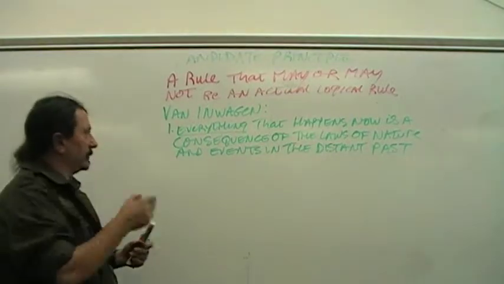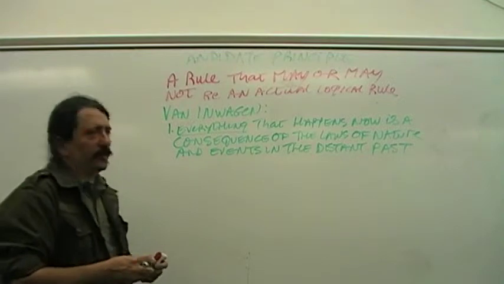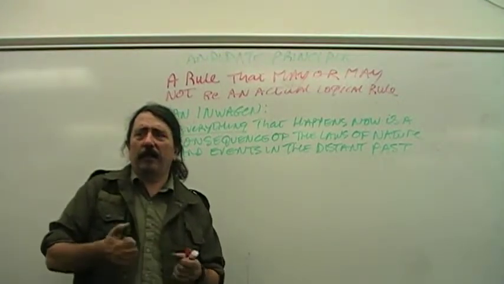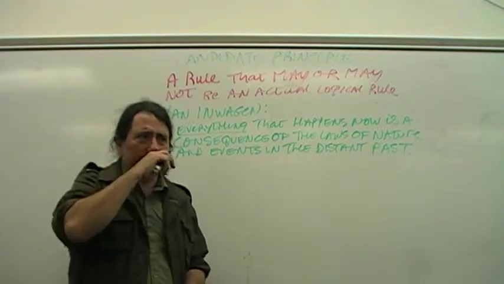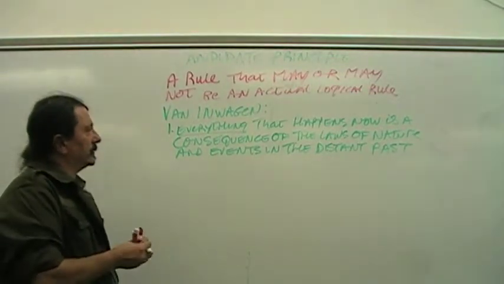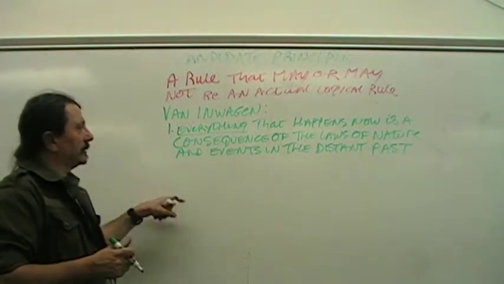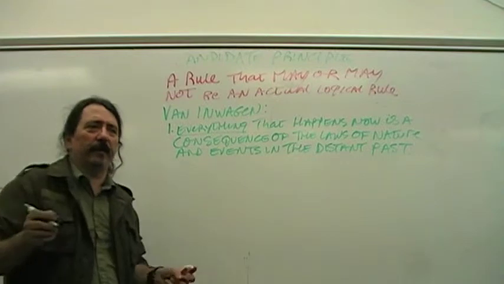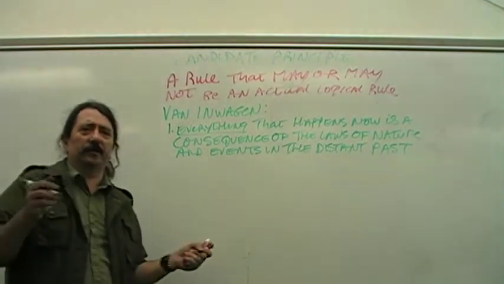Everything is a consequence of the laws of nature and events in the distant past. And we discussed this when we talked about determinism in general. So the state of the universe way, way back, plus the laws of nature, determined its status now, because nothing came through any magic door and disturbed the system.